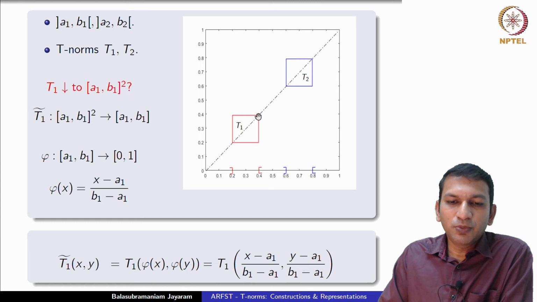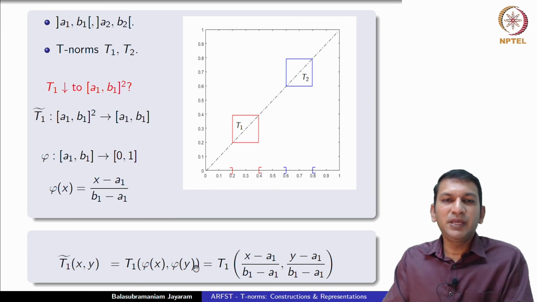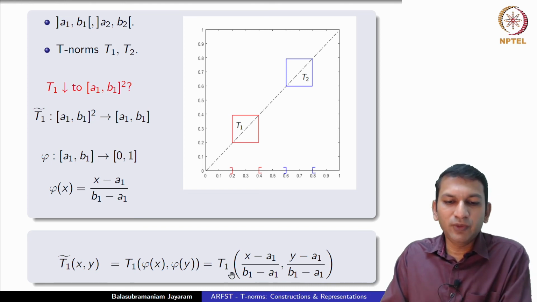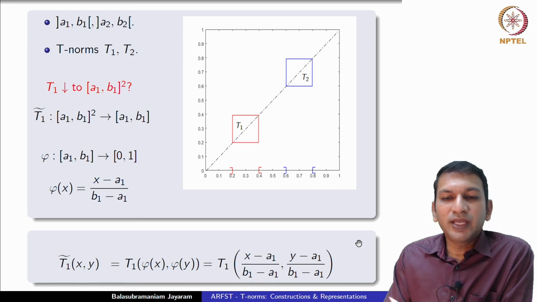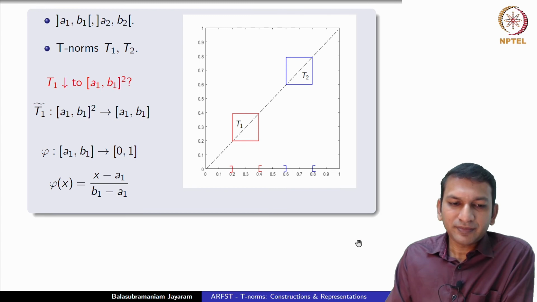That means at this point, B1, B1, this value is 1. So within this, it still looks like it is being mapped between 0 and 1, which is what T1 will do. Now, what we want is to construct a t-norm on the entire domain, the 0, 1 square, using these 2. How do we do this?